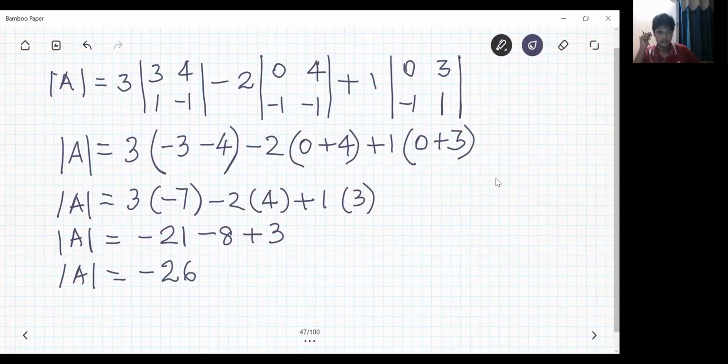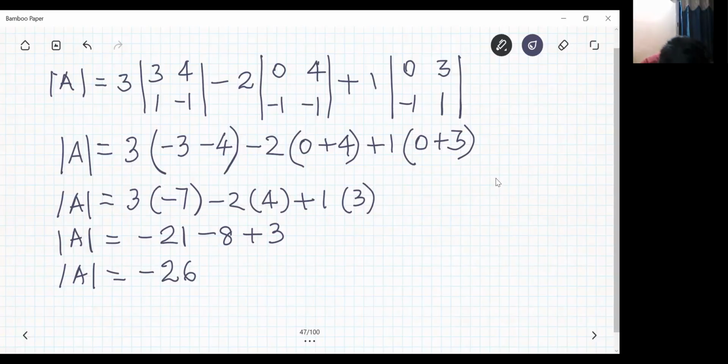So the formula is alpha ij is equal to minus 1 to the power of i plus j multiplied by the determinant M ij. Giving different values for i and j, you will have to calculate alpha 11, alpha 12, alpha 13, alpha 21, alpha 22, alpha 23, alpha 31, alpha 32, alpha 33.